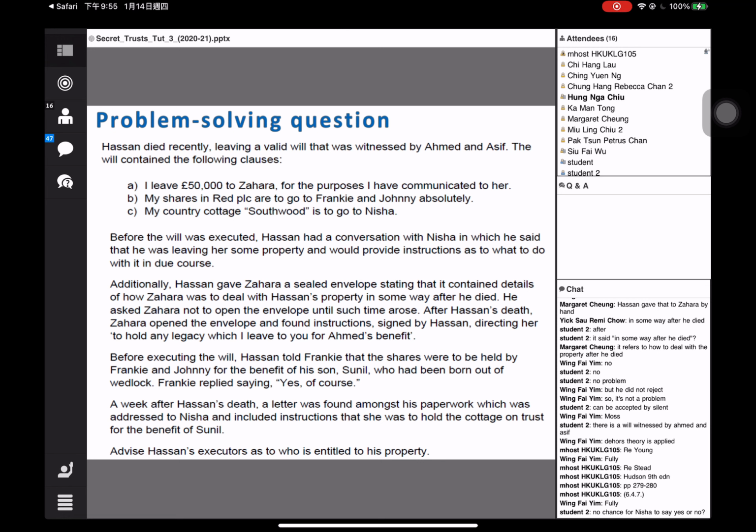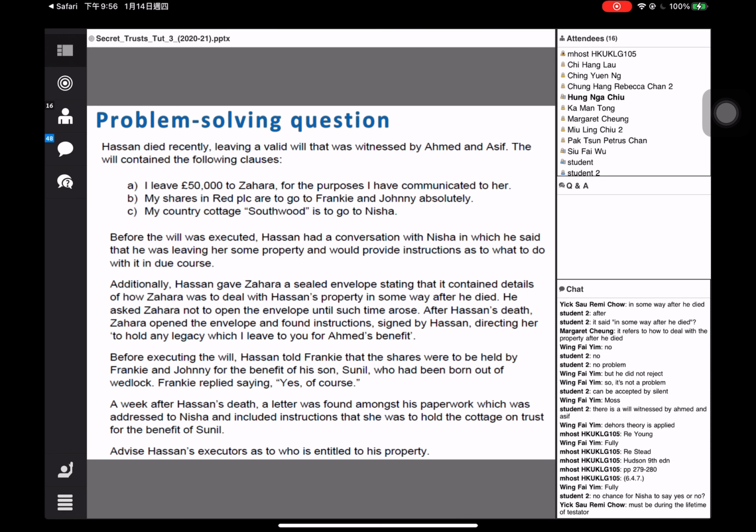Well, sort of. You're on the right lines there, but it's simpler than that. Yes, it must be during their lifetime. This only came to light after he died, so this was not communicated to Nisha before his death. So this trust would fail.